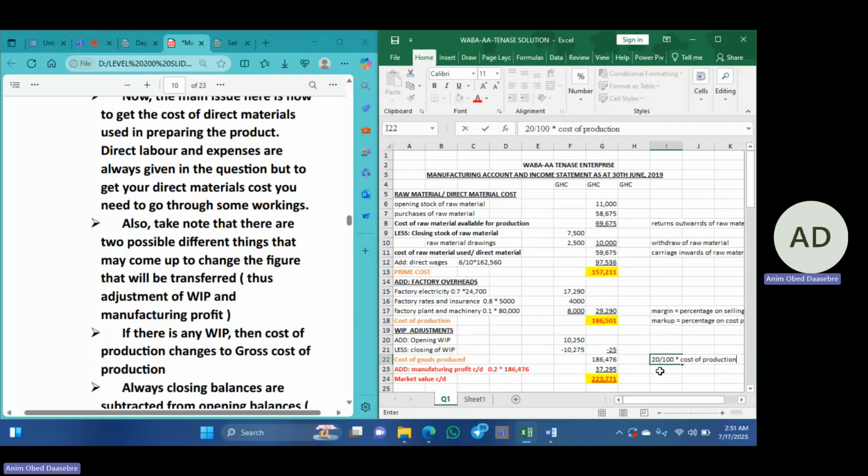You get it? That is when the question gives you a markup.